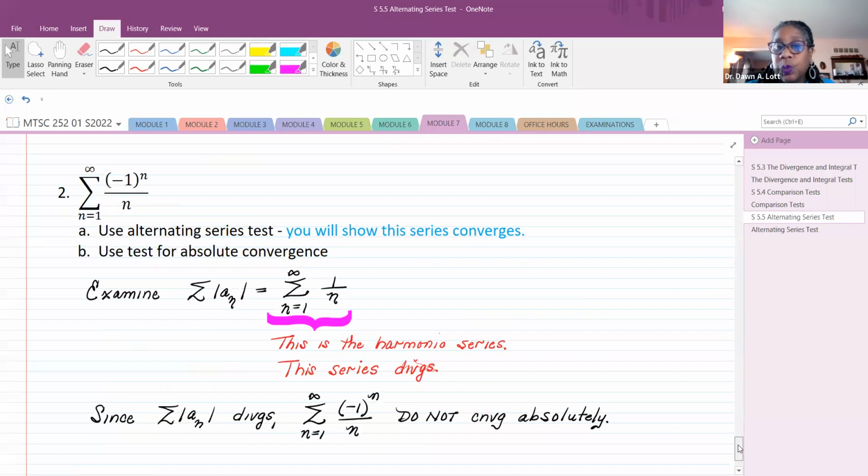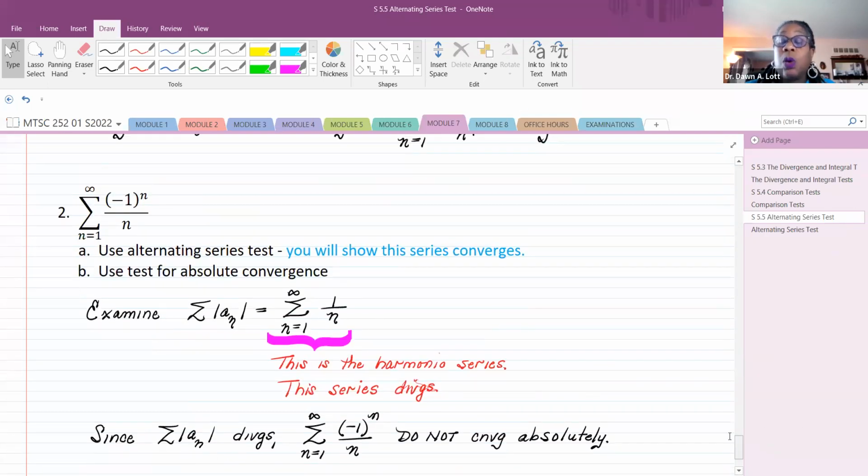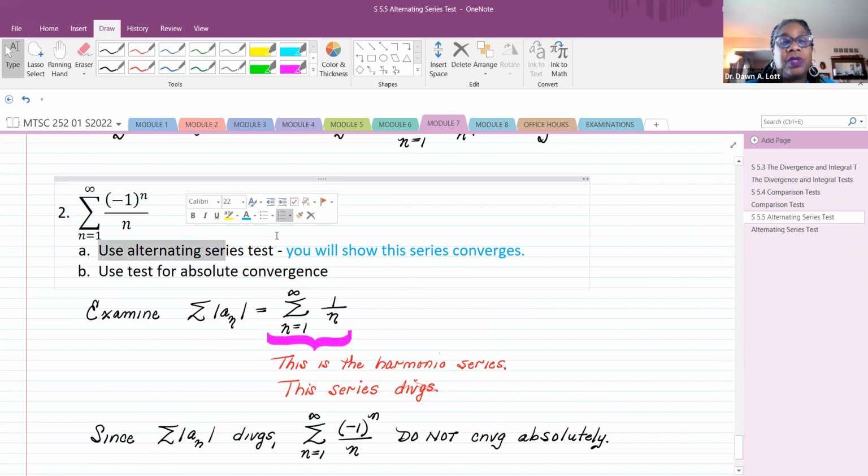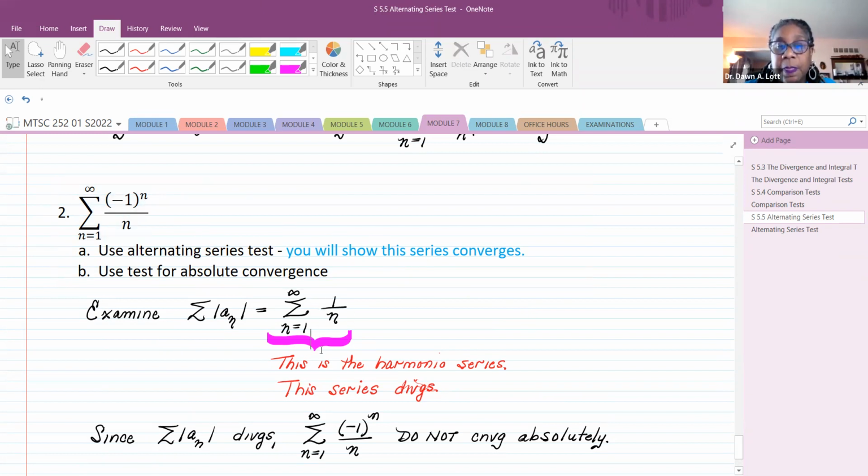The last one I did was the only one that was different. I looked at the alternating series, and you will show that it converges. But when I tested for absolute convergence, the absolute value gets rid of the (-1)^n and just gives me 1 over n. But this series diverges. So since the summation of the absolute value of a_n diverges, this series converges, but it does not converge absolutely.